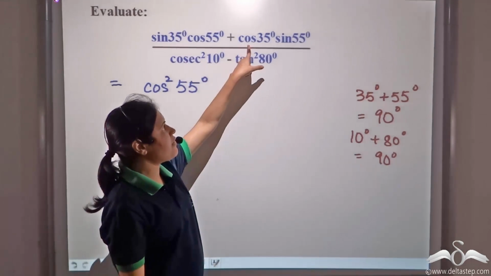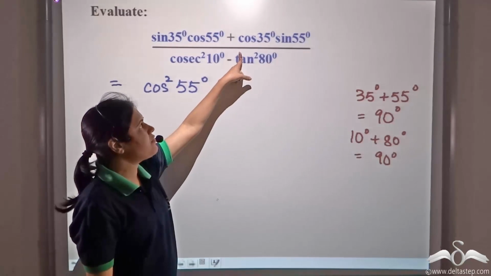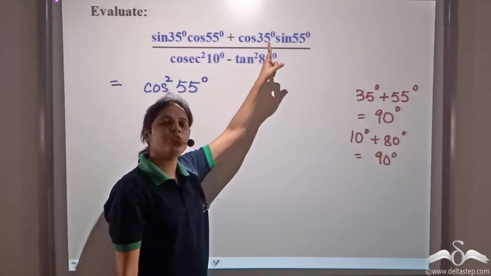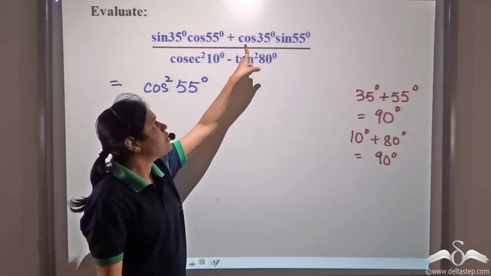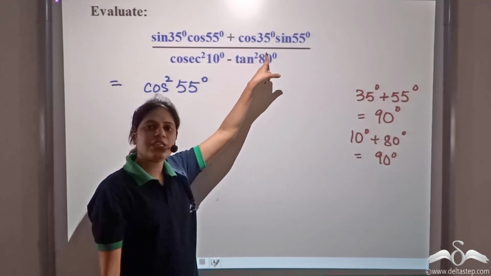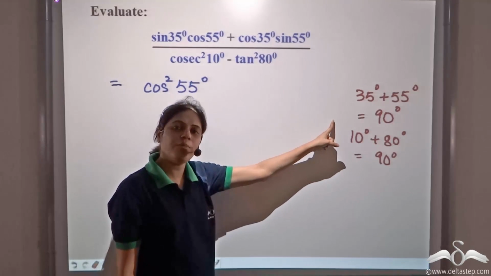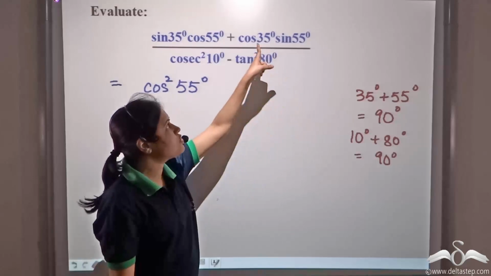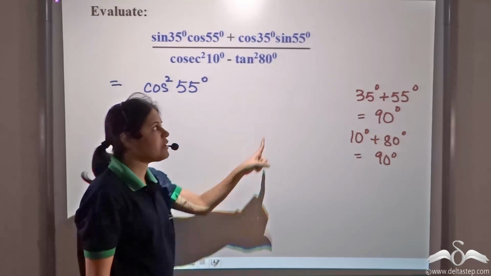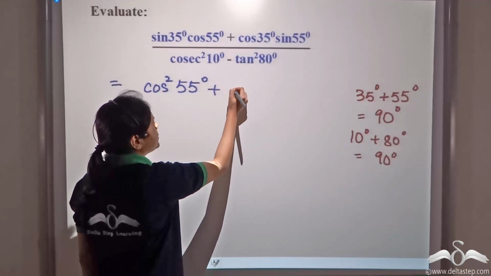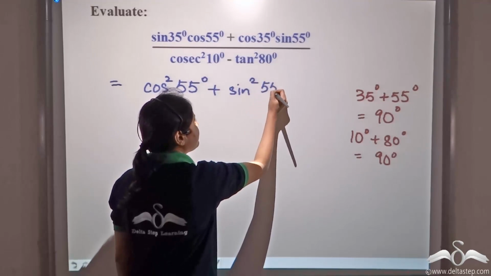In this case, we have cos 35 and sine 55. So let us convert cos into sine so that we have 55 degrees. Now cos 35 is equal to sine 55 because 35 and 55 are complementary angles. So sine 55 into sine 55 is sine square 55 degree.